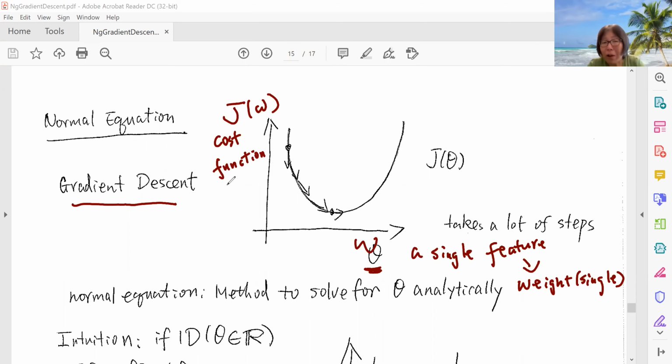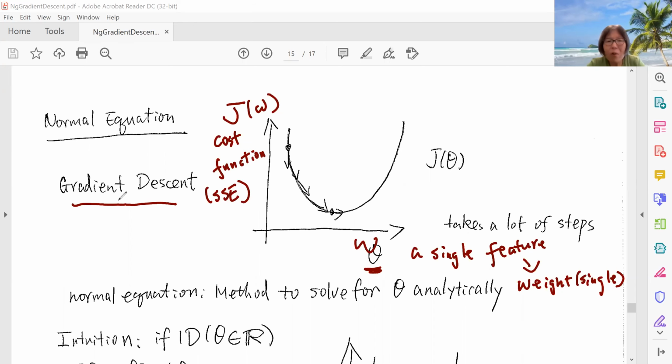Just a quick review: the cost function is not exactly a sum of square error, but it mostly comes from the sum of the square of the error.